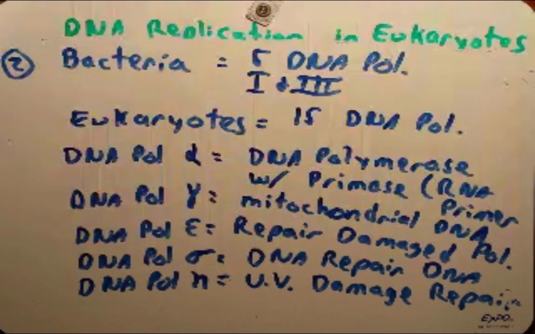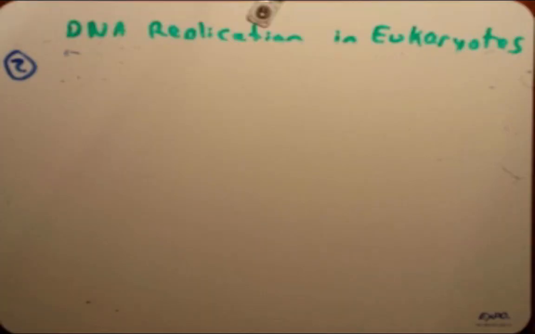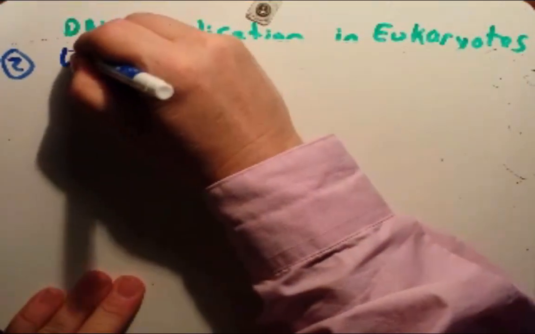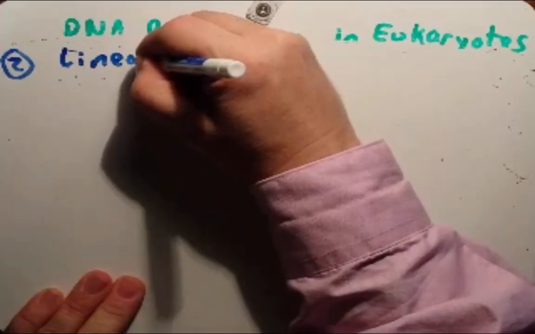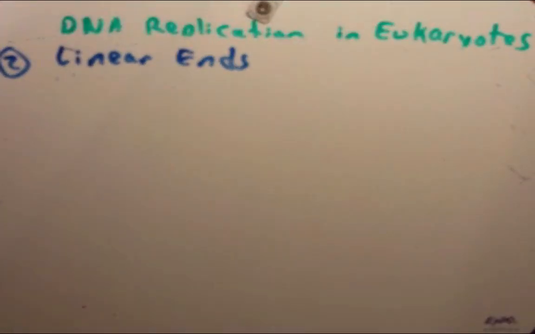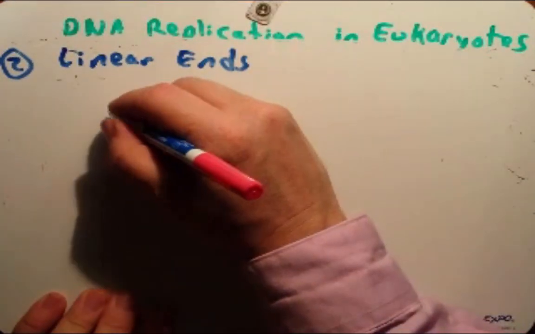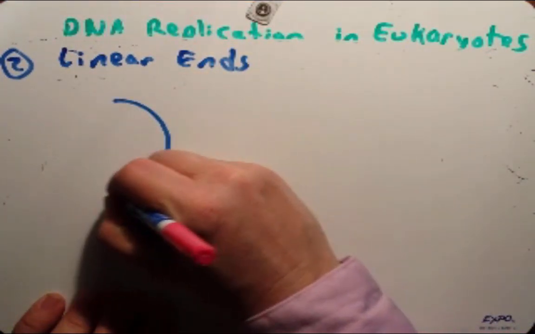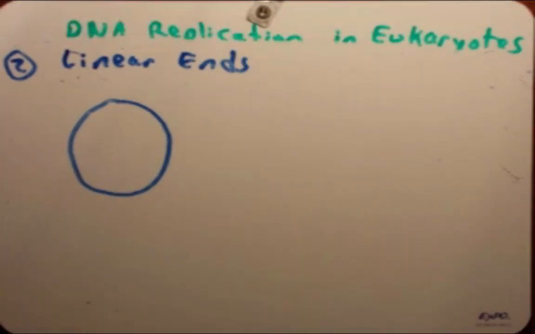So I'm going to erase this now and talk about our third and final problem we want to talk about. And that is, how are we going to deal with these linear ends? And let me explain why this becomes a problem. Let's first draw a simplified version of bacterial DNA replication at the end of it.